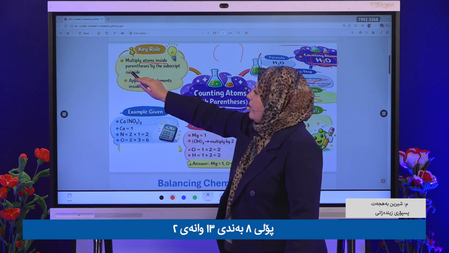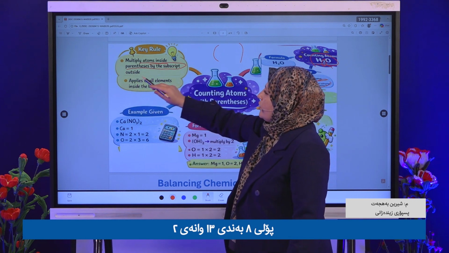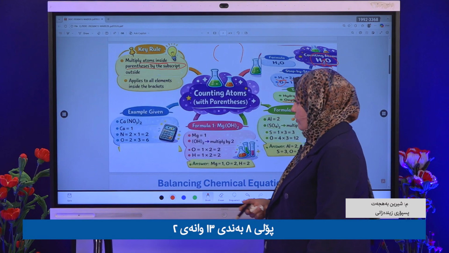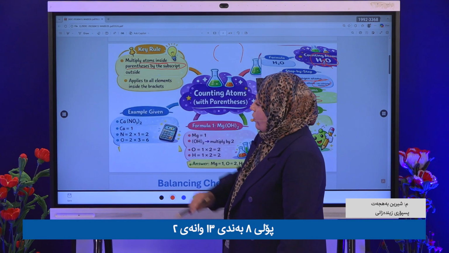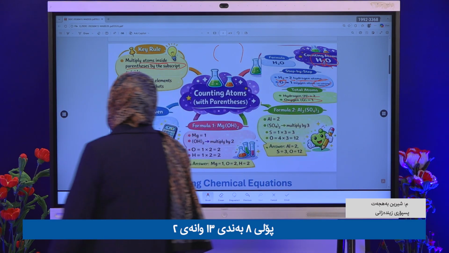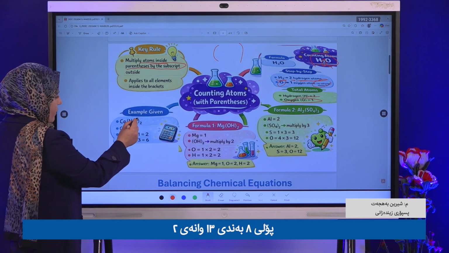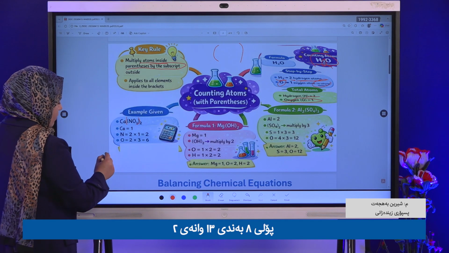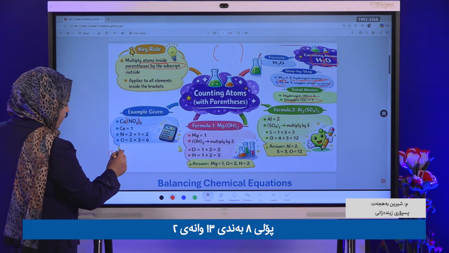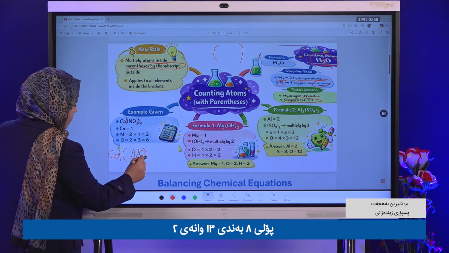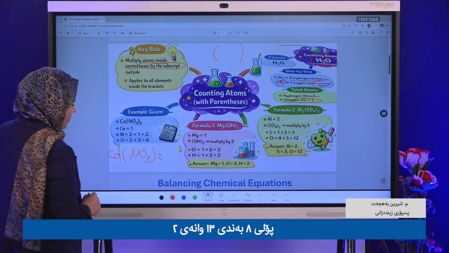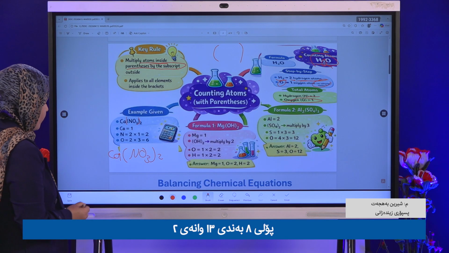Multiply the atoms inside the parentheses by the subscript outside. For example, we have Ca(NO3)2. Look at here: Ca, (NO3), 2. How can we count it?